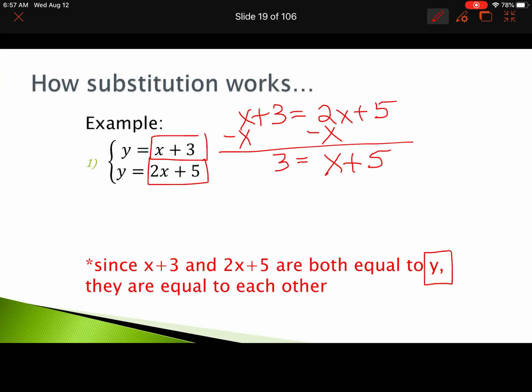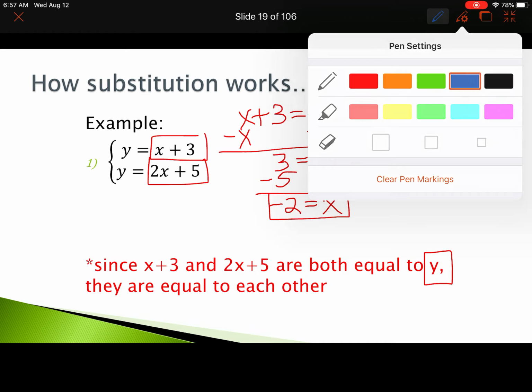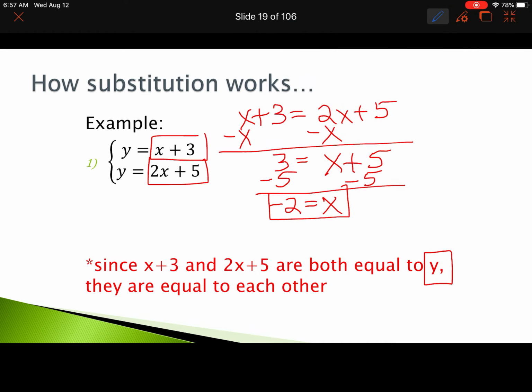I'm going to move that plus 5 over to the left-hand side by subtraction. So remember, we undo addition with subtraction, and I get negative 2 equals x. So we actually know our value of x right now. If x equals negative 2, and you can always rewrite that if you don't like the way it looks, what does the y value equal?